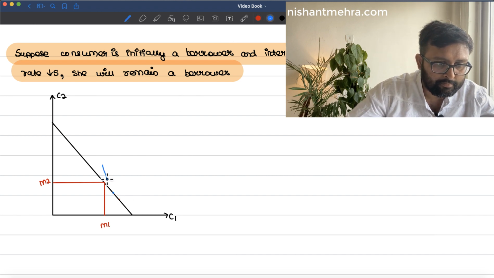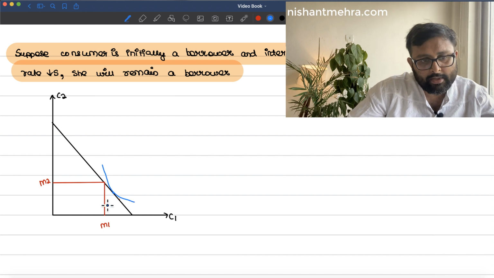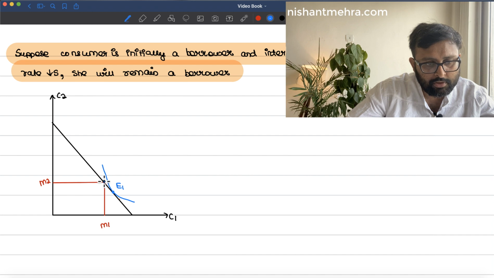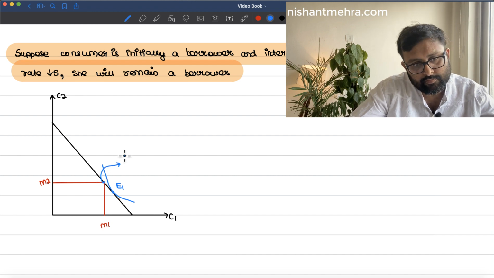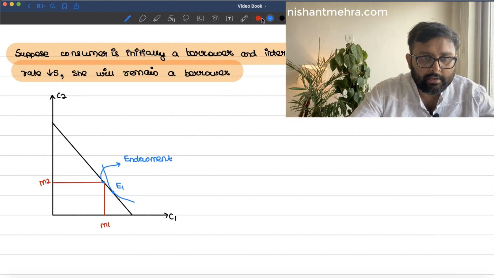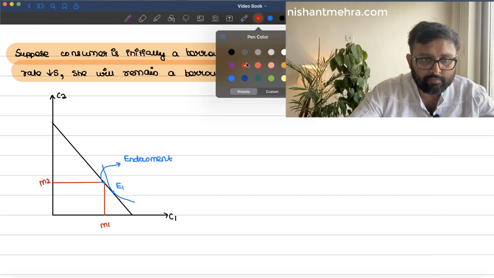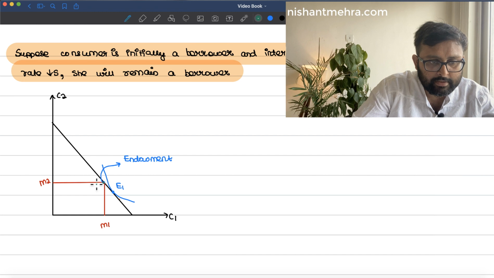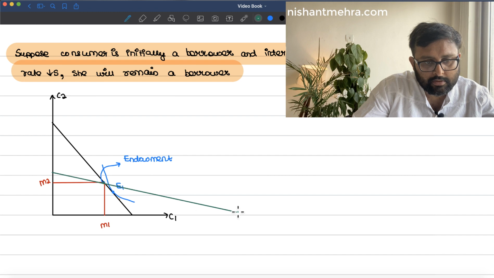Let's say, my consumption here. This is the original consumption and this guy is the endowment point, right? And the rate of interest has declined. So when the rate of interest has declined, something like this.